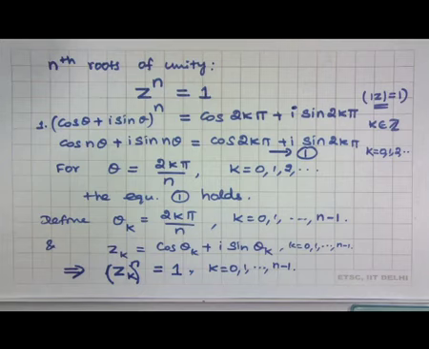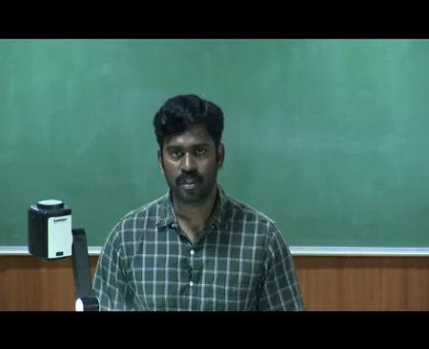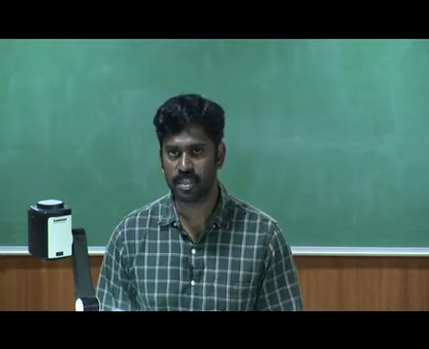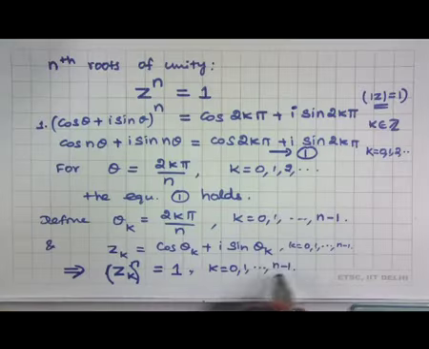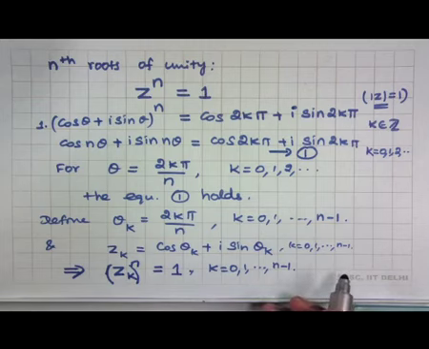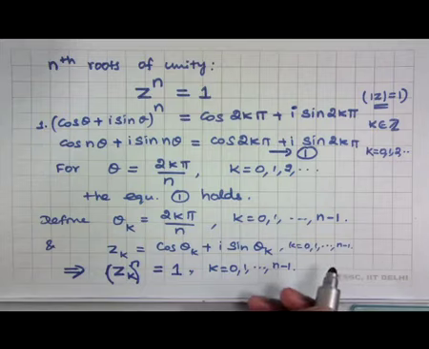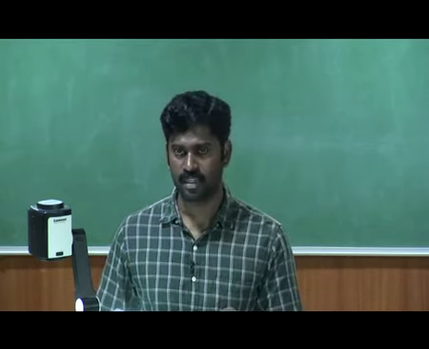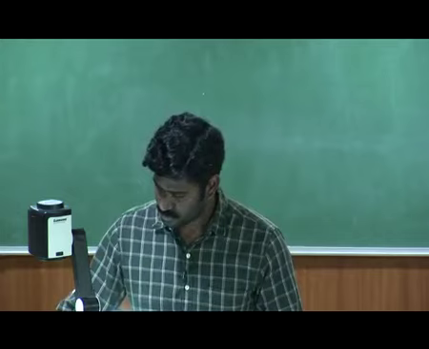Now the question is whether these are the only complex numbers, which means can I take a k value other than 0 to n minus 1, maybe negative or more than n minus 1. If I take such a k, we are going to show that it will be equal to one of the zk. That is what we are going to prove now.